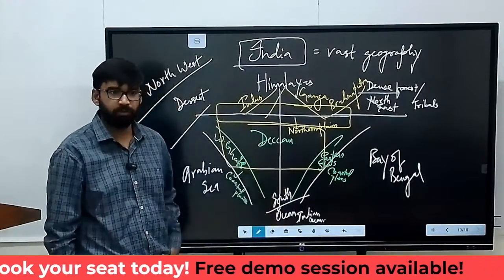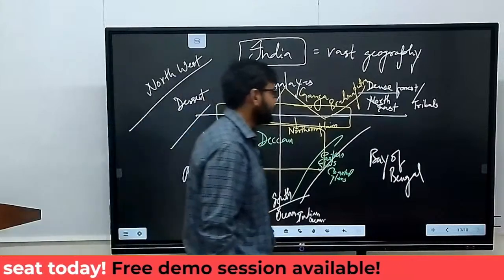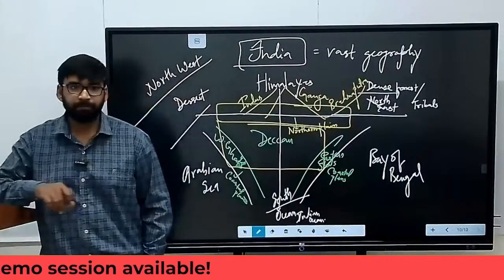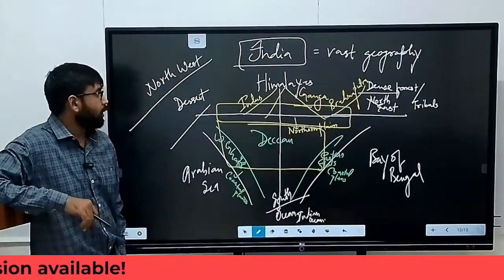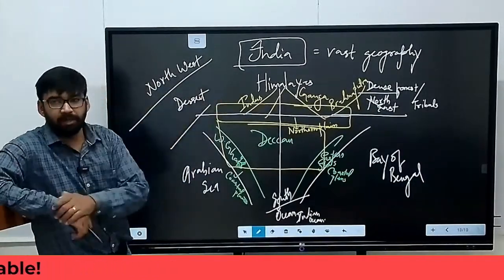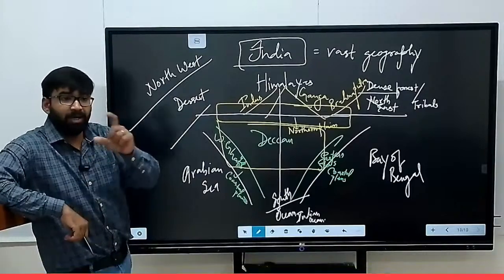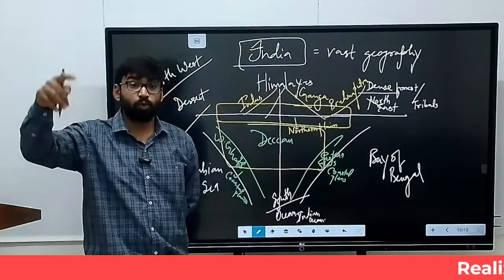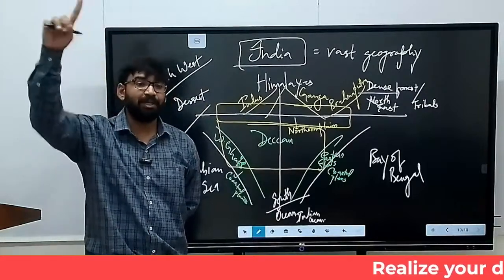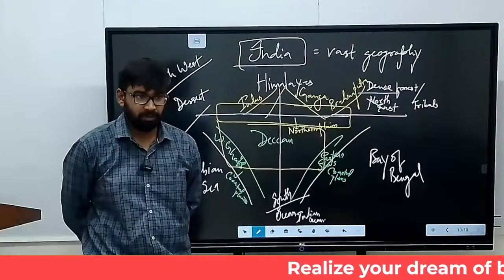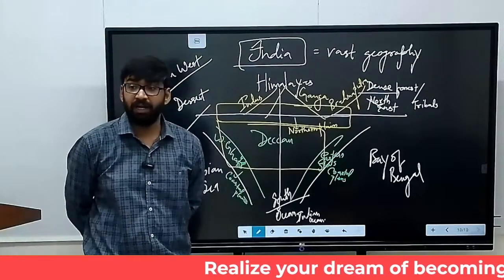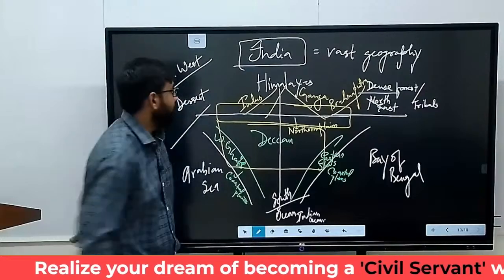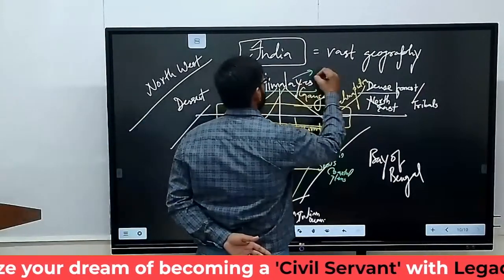This is the geography of India. Now, why are Himalayas important? First of all, Himalayas are natural frontiers. They protect from cold wind from the Siberian desert. That is why India does not face harsh winters. So Himalayas are natural frontiers.